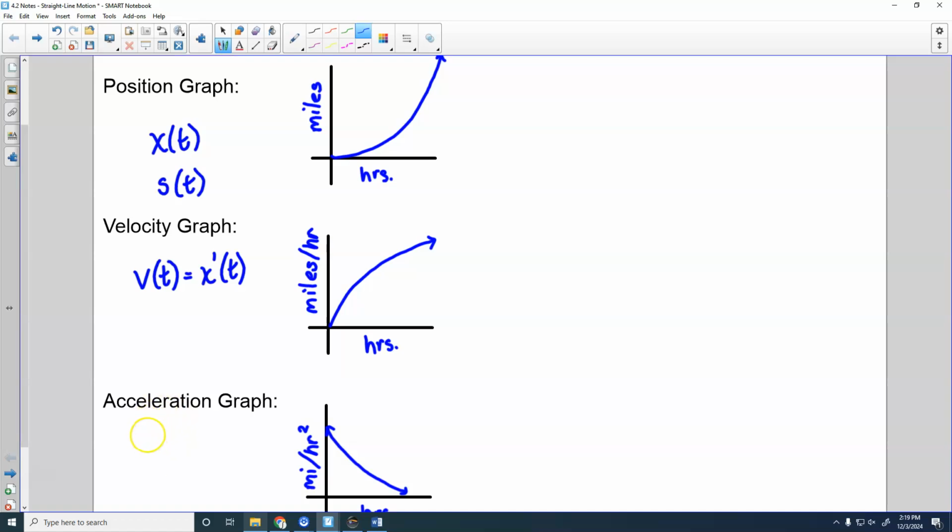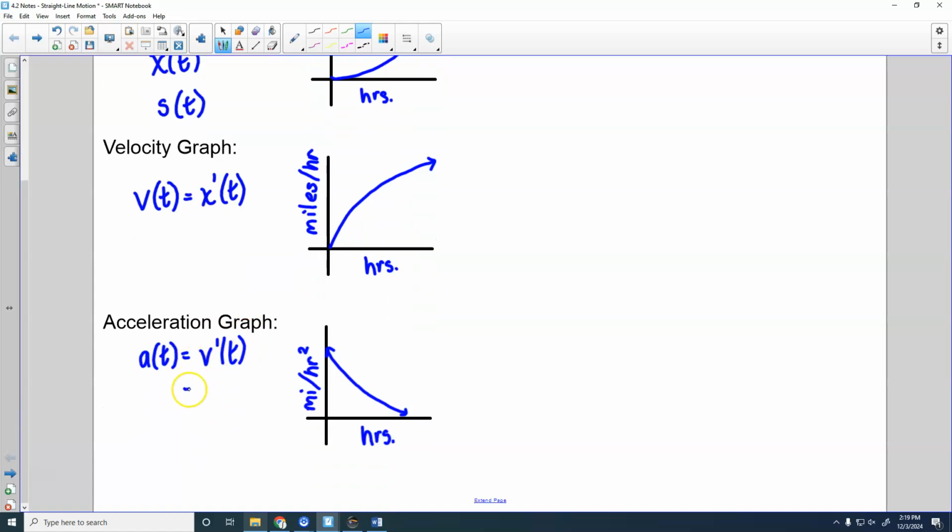And acceleration, they almost always use a, and you could call it v prime of t, or the second derivative of x of t. And typically they'll use t as your variable on these problems.